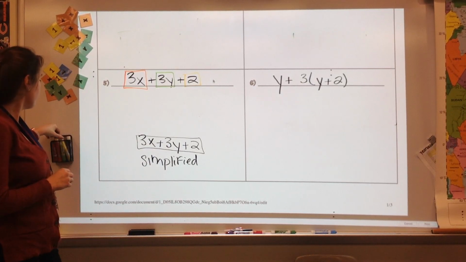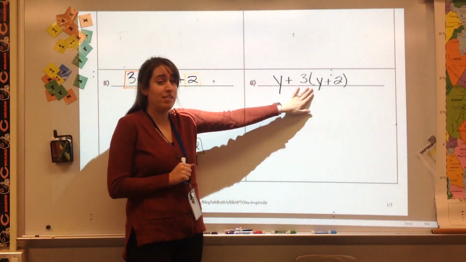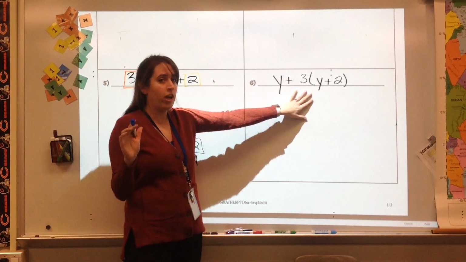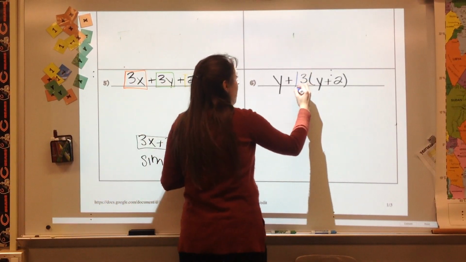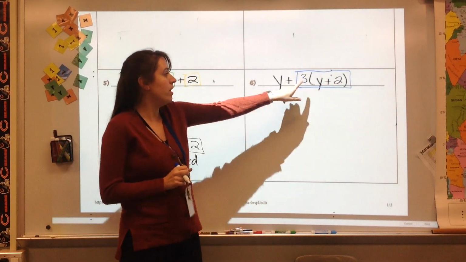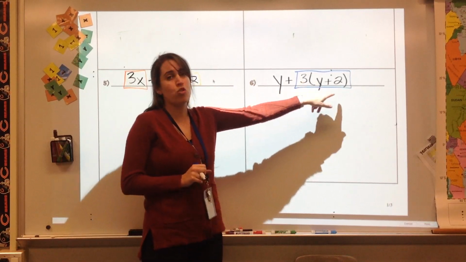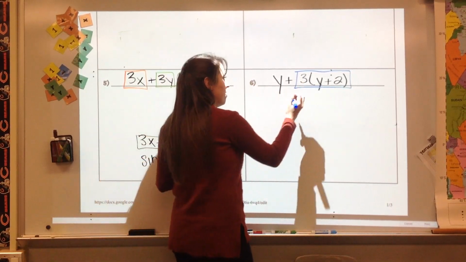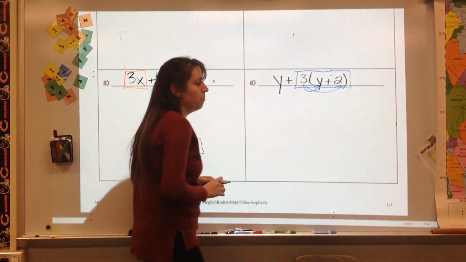So when we're looking at this, the first thing we see is that there's parentheses. With any of your highlighter colors, I don't care which one, before we highlight the variables and the constants, I'm going to highlight this part here that's attached to the parentheses, including this 3. Because this 3 here, we need to distribute in order to get rid of the parentheses. So I want you to also draw those arrows from the 3 to both terms on the inside.